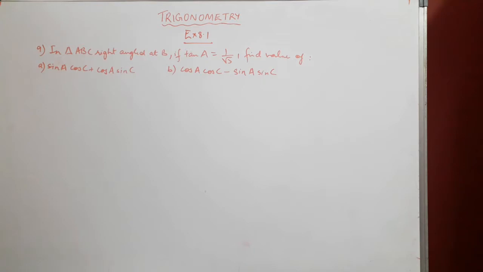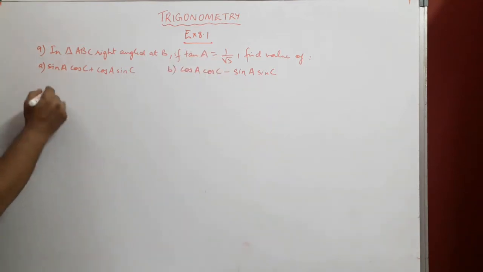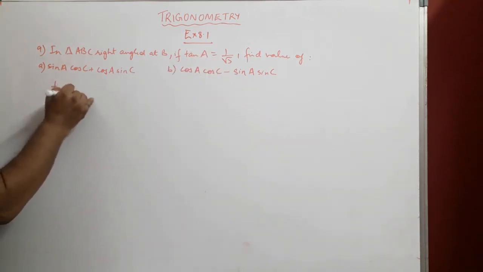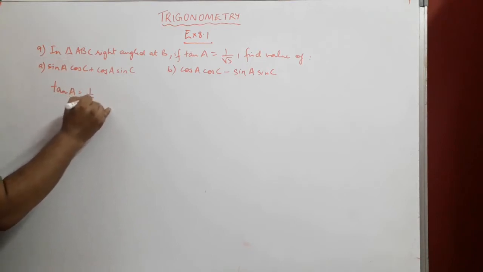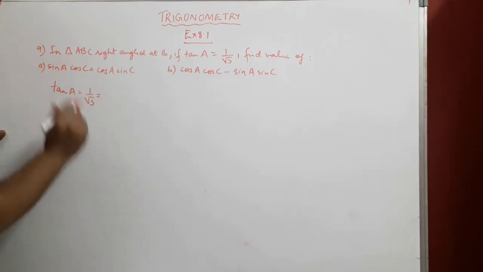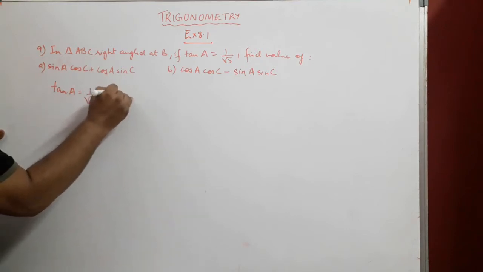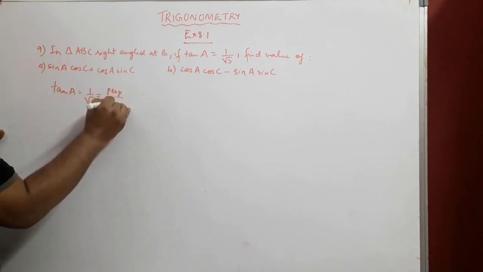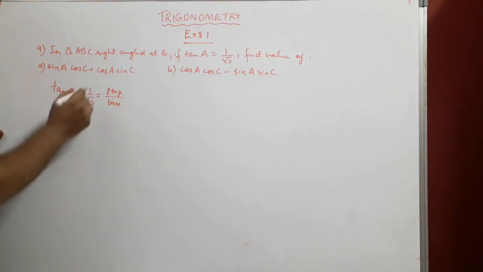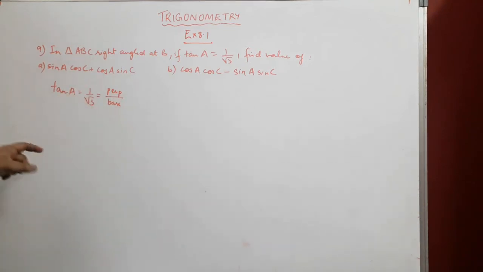sin C. Let's take the value tan A, which has been given equal to 1 upon root 3. We know that tan A is nothing but perpendicular upon base, which means the perpendicular is 1, base is root 3.